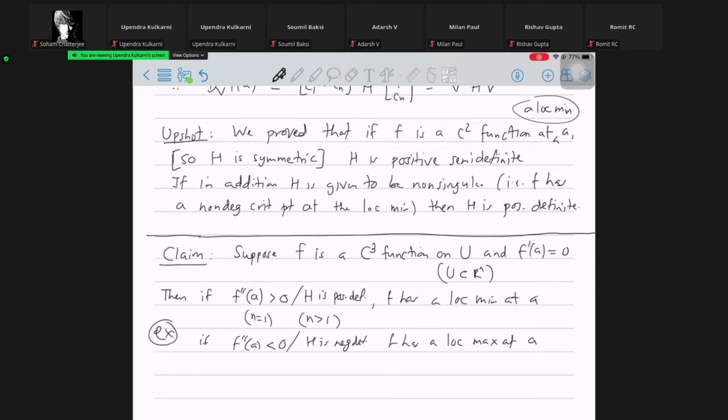We used Taylor's theorem approximation up to degree 2, and then we had a degree 3 error term which we were able to use, correct? All right, so we do exactly the same thing over here. We have a C3 function, so we have proved Taylor's theorem. The only thing is, how is the positive or negative definiteness going to come? Well, it's sort of just written out for us.